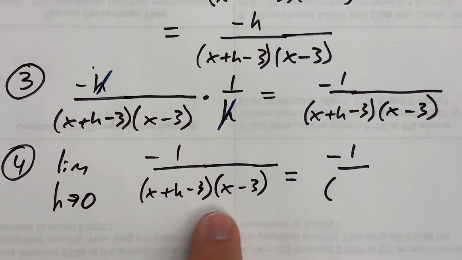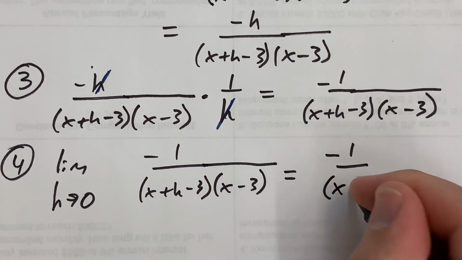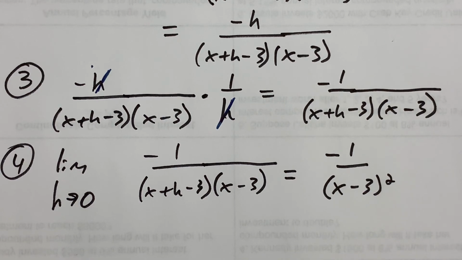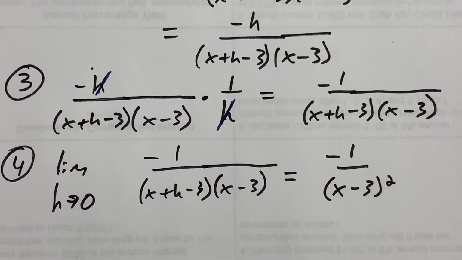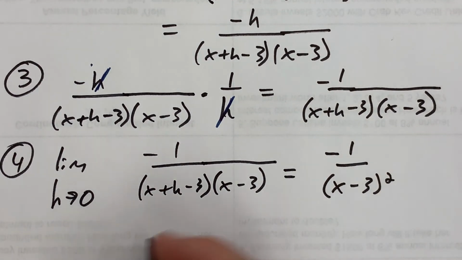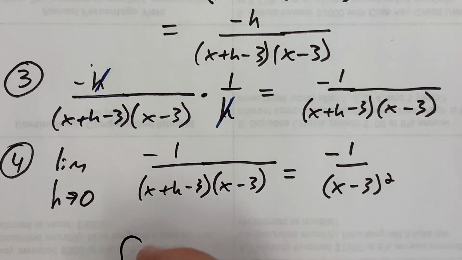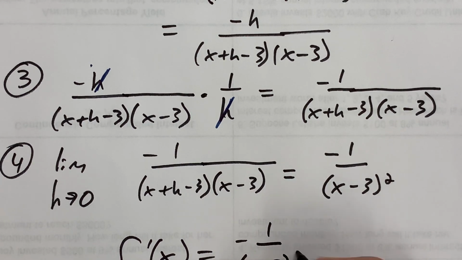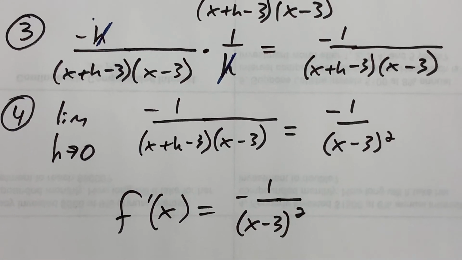So it'll be x minus 3 and x minus 3. So x minus 3 squared. And so to sum up our final answer here, what we actually found is the derivative of f. f prime of x is equal to negative 1 divided by x minus 3 squared. Questions?